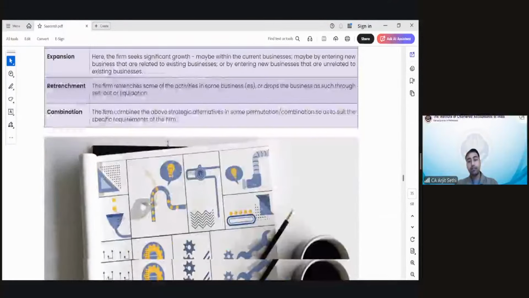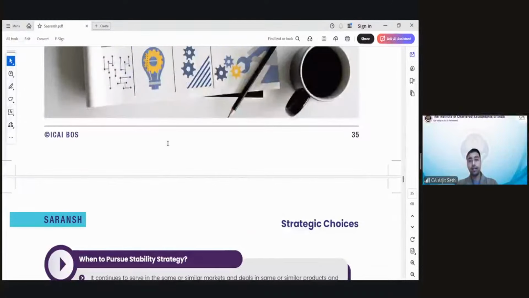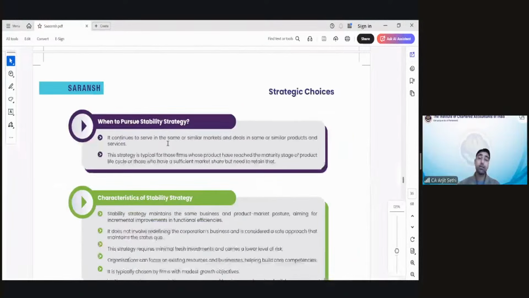Now, this chapter number 4 is interesting because it focuses on growth strategies the most, but it also touches upon two important strategies beyond growth strategy, which are stability and retrenchment, or closing down of business. It talks about those two strategies as well, my friend.